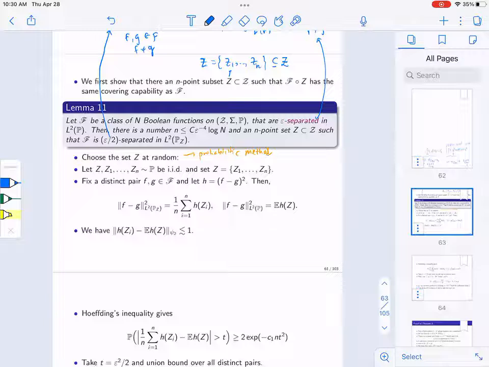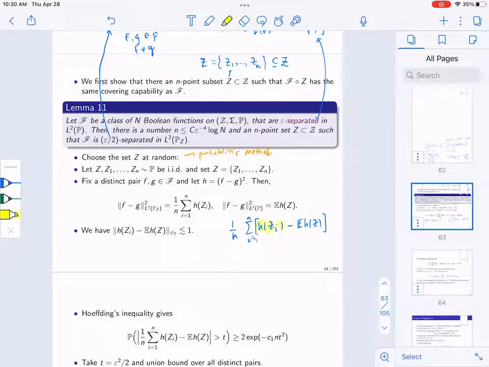And you can see this is like the concentration inequality, empirical average close to the population average. I'm going to show that, so I want to control the deviation, which I can write like this: the average of h(zi) for i from 1 to n minus the expectation of h(z). That's the deviation of the two norms. Each individual quantity here is sub-Gaussian.